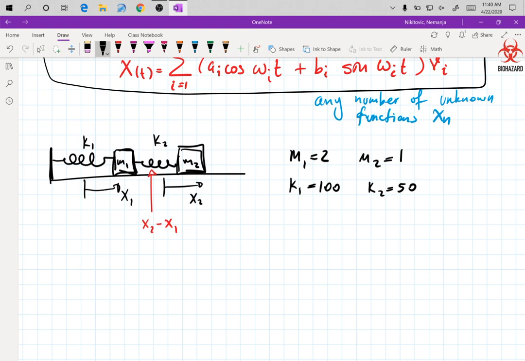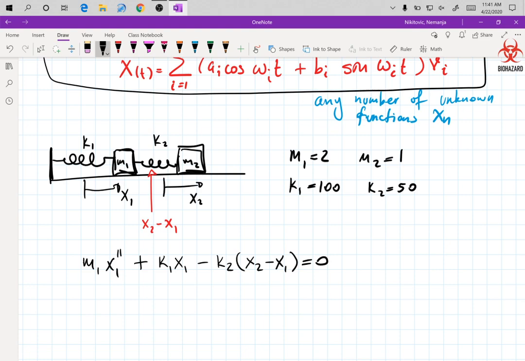So I hope you remember that stuff. Now, to create this system, we start with our M1 X1 double prime plus K1 X1 minus K2 (X2 minus X1) equal to 0.